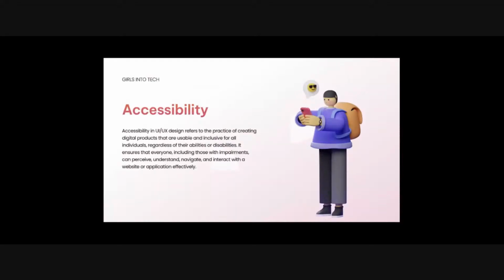There are so many types of disabilities, so try as much as possible to accommodate different types of users. Some accessibility features that you could have in your design, like I already mentioned, you can work on your contrast.